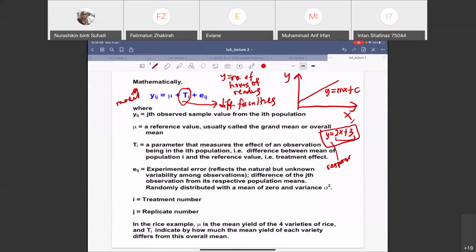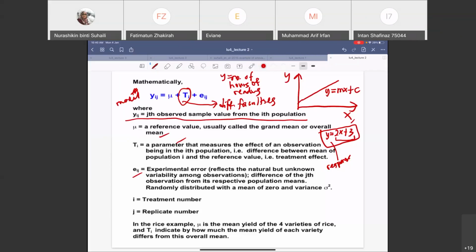Okay. So for example, like this one, T is what? T is the parameter that measures the effect of the observation, the factor that you are analyzing. Y is the response, the observed value that comes out, the output. So what about the rest? The rest are variables, or mu here is the mean, the overall mean. Okay. Since we are here, we are talking about mean.